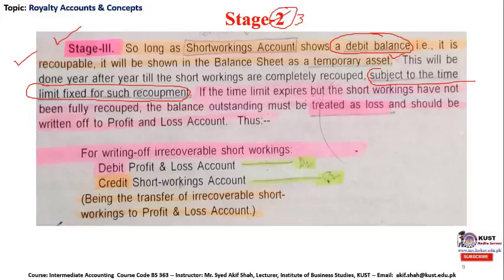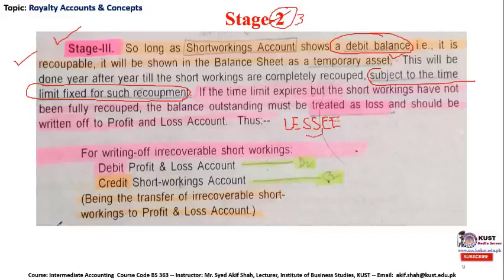So if the time limit expires but the short working has not been fully recouped, say 3 years have lapsed since the company paid excess royalty to meet the rule of minimum or dead rent, and the time has expired, then the lessee has to write off this short working, since you cannot now claim it from the lessor or landlord.